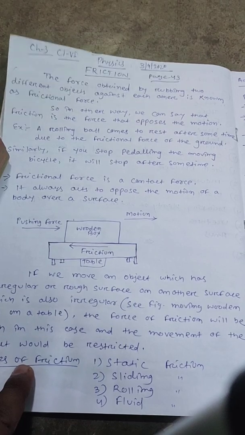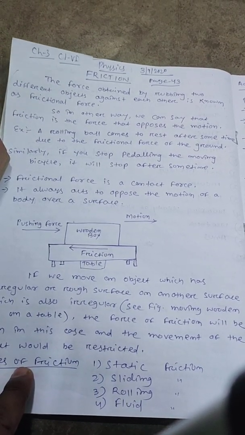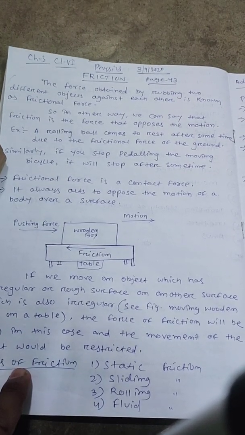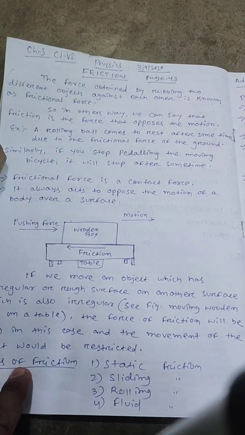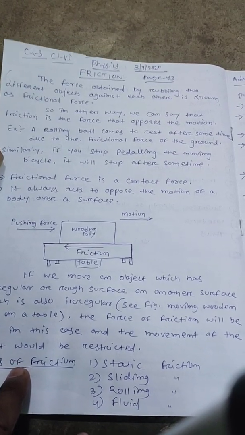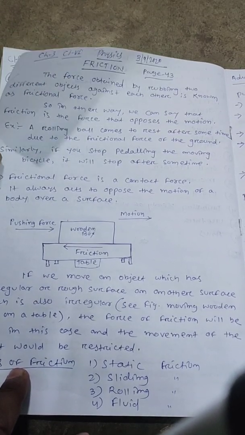So frictional force is a contact force and it always acts to oppose the motion of a body over a surface. When you stop pedaling your cycle, the moving cycle will stop. Why?